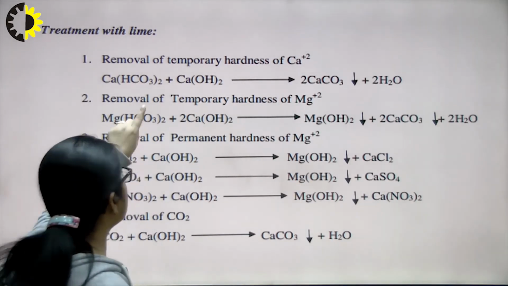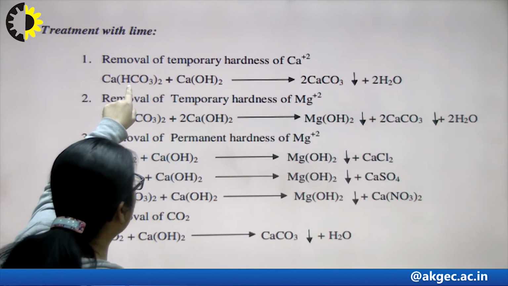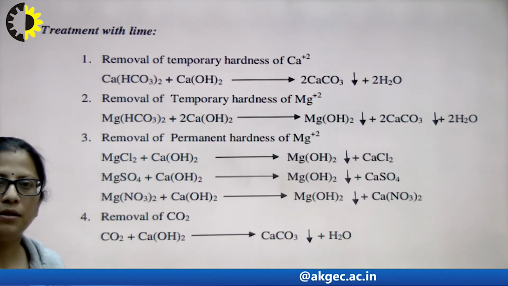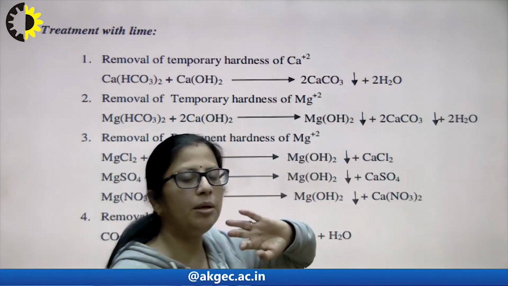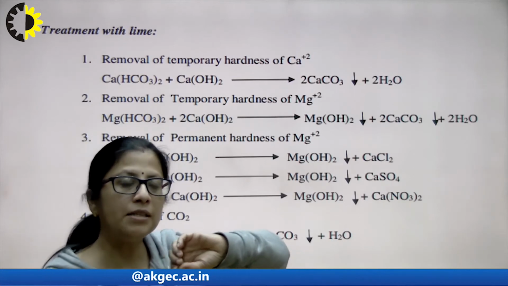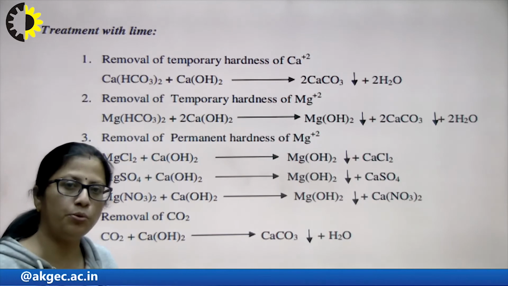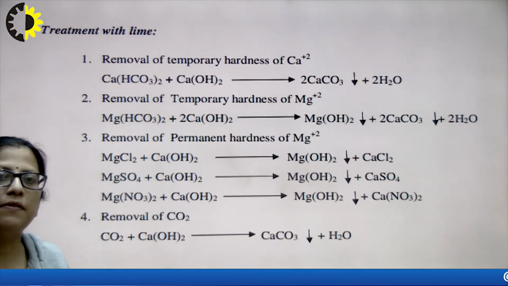According to this equation, 1 mole of calcium bicarbonate requires 1 mole of calcium hydroxide for its complete neutralization or conversion into the precipitate. Suppose the molecular weight of calcium bicarbonate is 162 and the molecular weight of calcium hydroxide is 74.